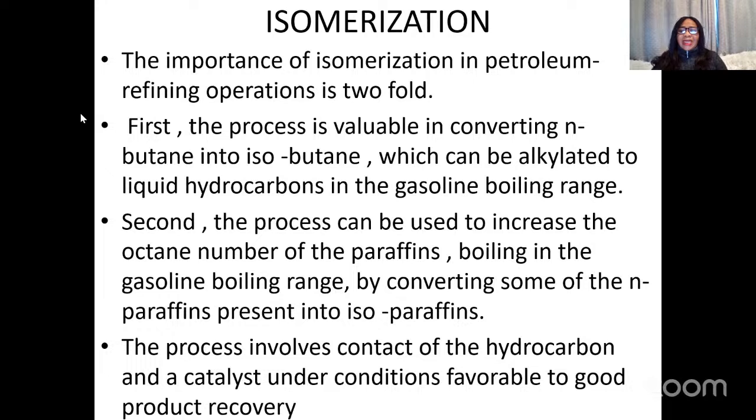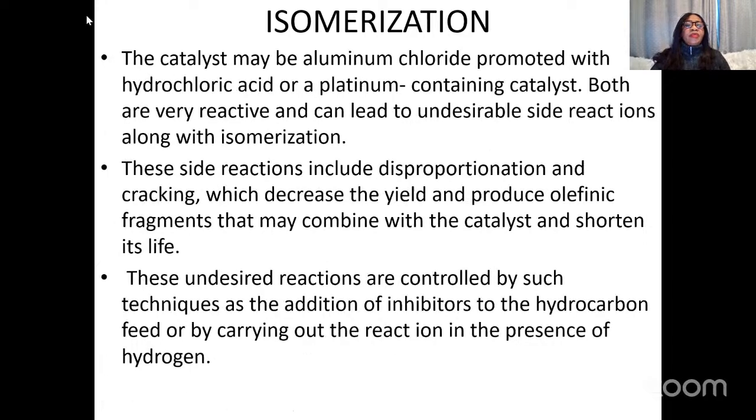The process involves contact with hydrocarbon and a catalyst under conditions that are favorable to good product recovery. The catalyst may be aluminum chloride promoted with hydrochloric acid, or it can be a platinum-containing catalyst.